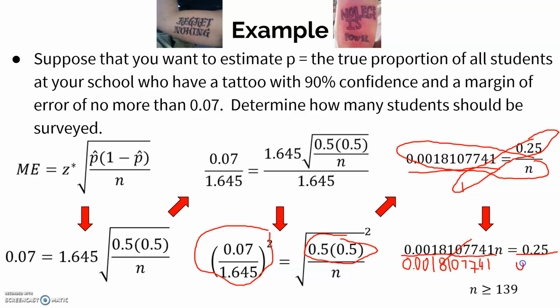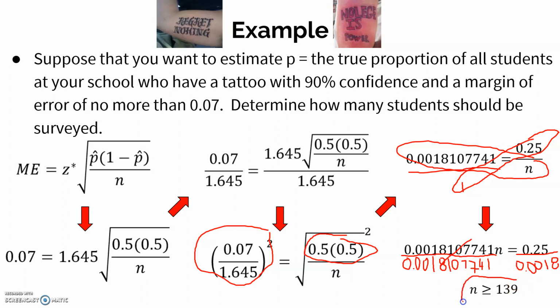And again, the same thing here. I'm going to run out of room. And if you have done all of that correctly, you will probably end up with a number of about 138 and some change.